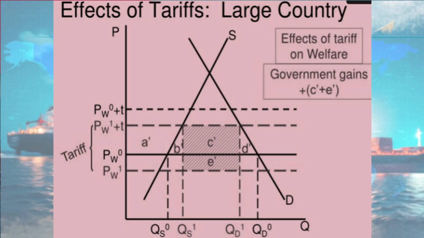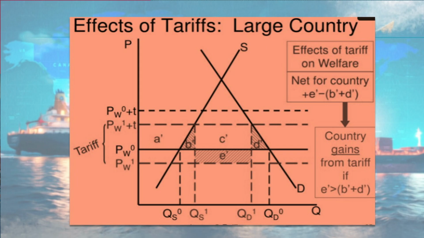So what we observe is that when a large country imposes a tariff, the supplier will gain, the government will gain, but the demander will lose. In this diagram, this is the earning, or the revenue, of the government.